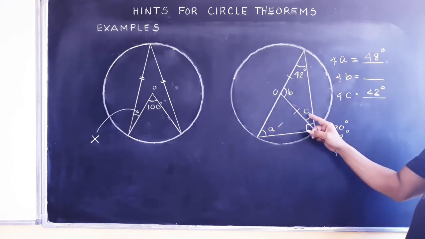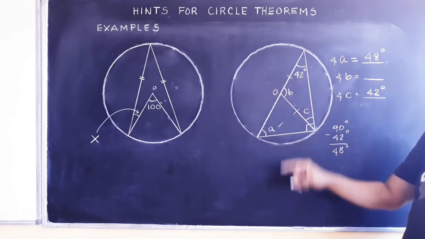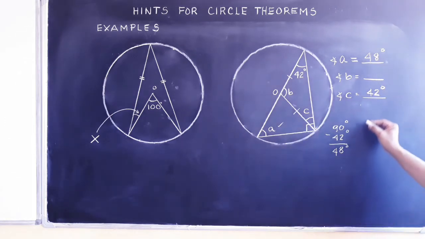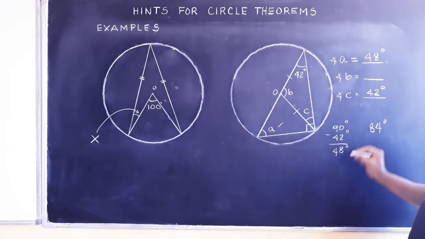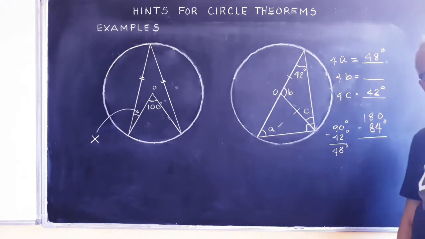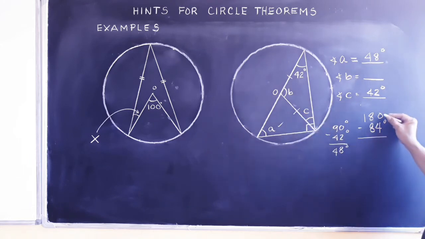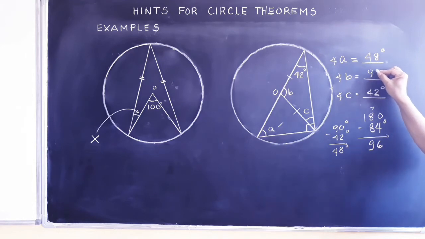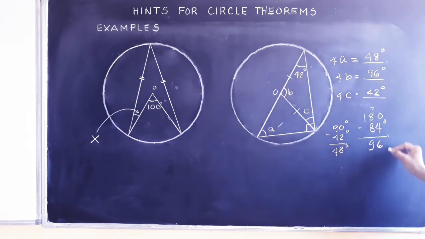We must add 42 and 42 and then subtract it from 180 degrees. So if we add 42 and 42, it will give us 84 degrees. Then we subtract it from 180, so we have 96 degrees. So angle B is 96 degrees.